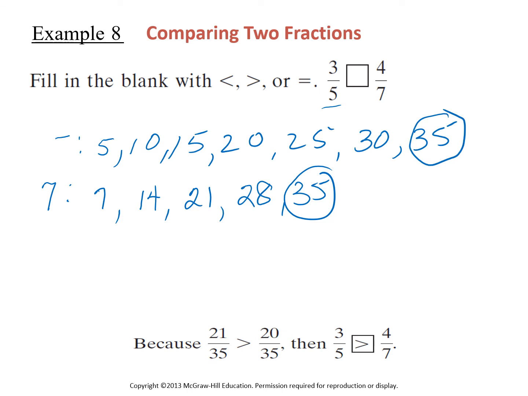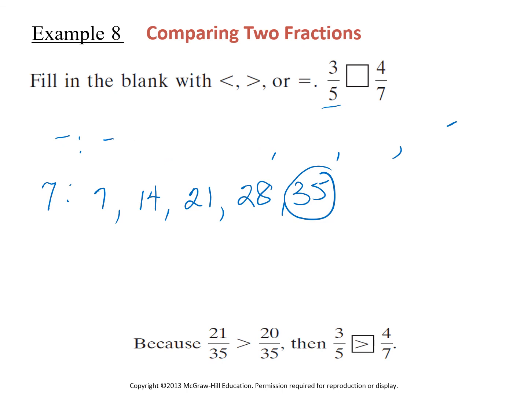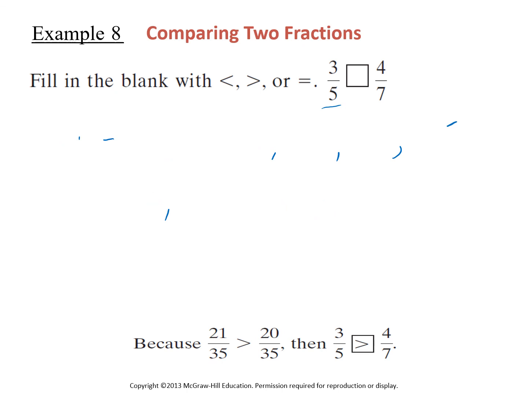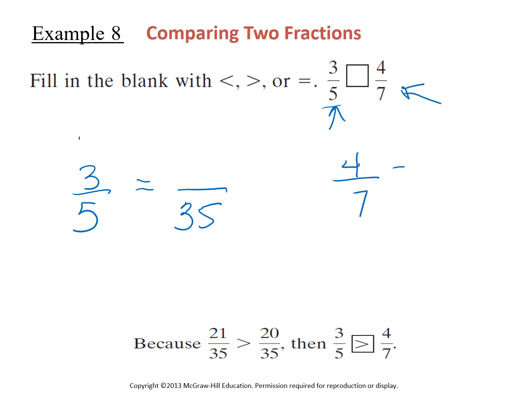So now I'm going to write equivalent fractions with denominators of 35. So I'm going to take the first fraction here, 3/5, and find an equivalent fraction with denominator 35. And then I'm going to take 4/7 and write this as an equivalent fraction with denominator 35.